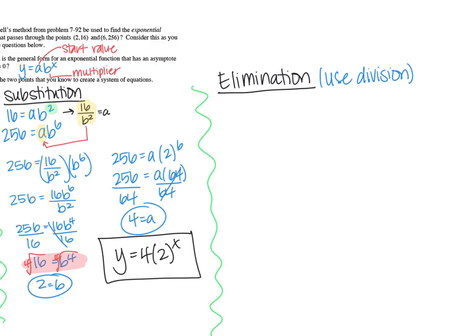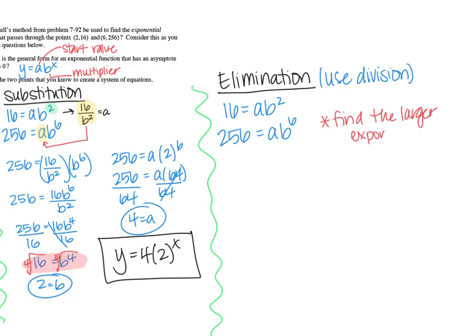So, same two equations that we've had. 16 equals ab squared. 256 equals ab to the 6th. All right, now the method for using elimination is the following. The first thing that you always want to do is find the larger exponent. The larger exponent is 6, right?